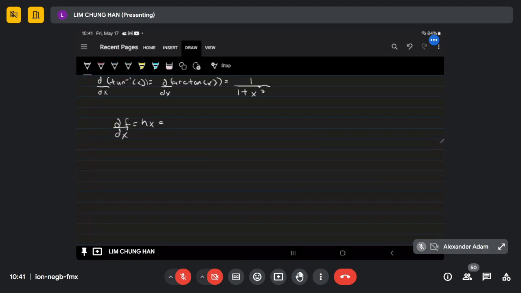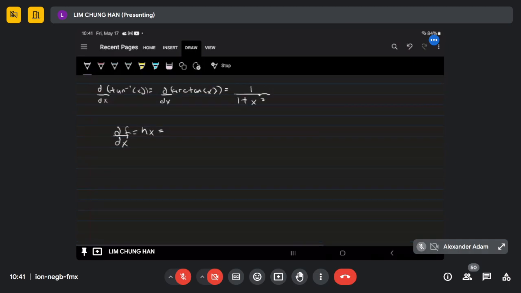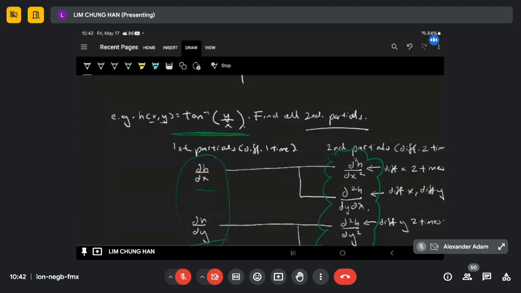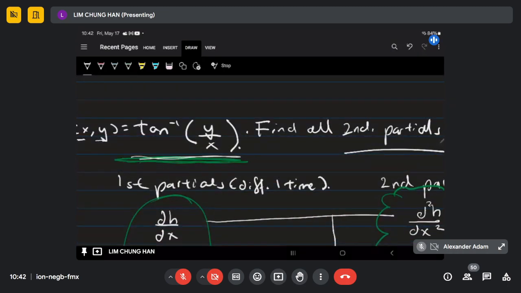So what do you think hx is? Differentiate. So you differentiate this thing against x. So y is constant.